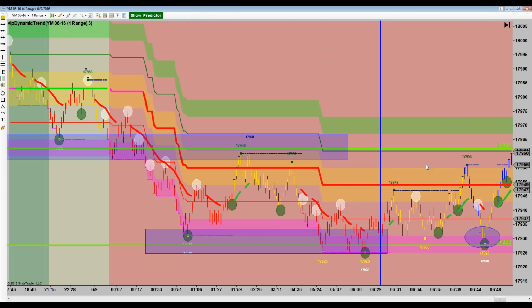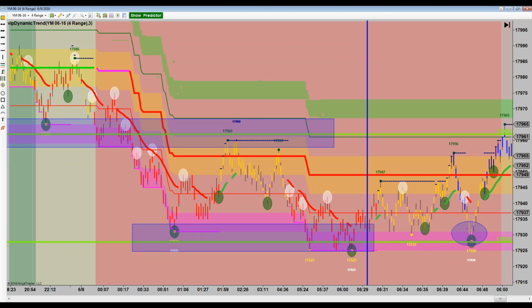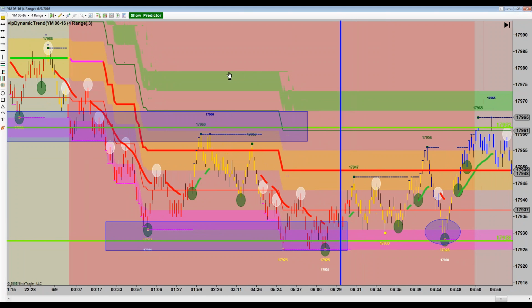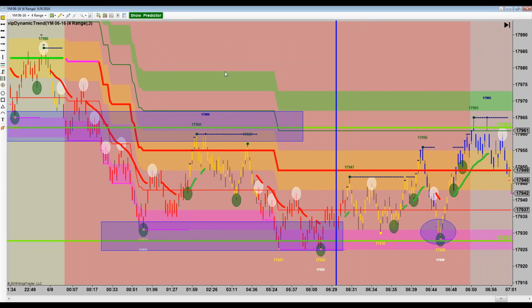So let me ask you this question. I'll advance it a little further, and then I'm going to answer this question. If you were going to trade this range, which we all said was tradable, and it's hitting the bottom and it's hitting the top, here I'm going to advance the area box where we know it's bound by an area.